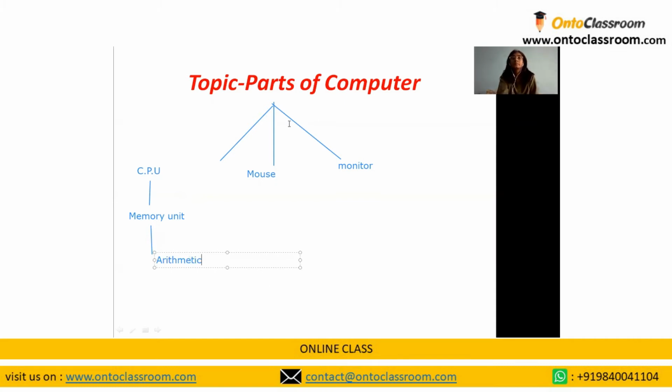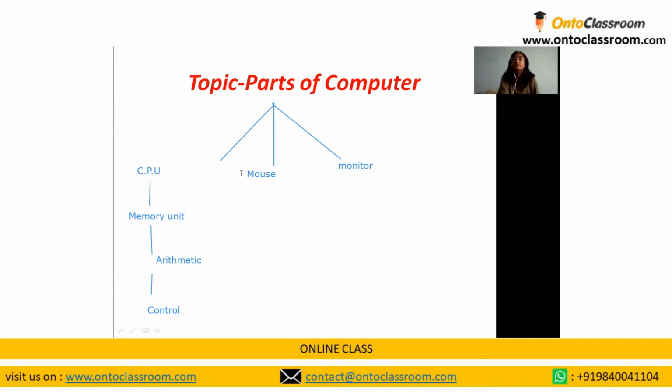And third, control unit. These are three sub parts of the CPU which you see. So we have come across parts of computer which are three: CPU, mouse, monitor, and CPU has further three parts, that is memory unit, arithmetic unit, and control unit.